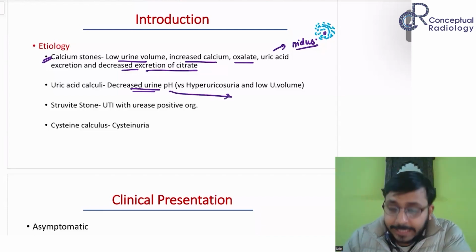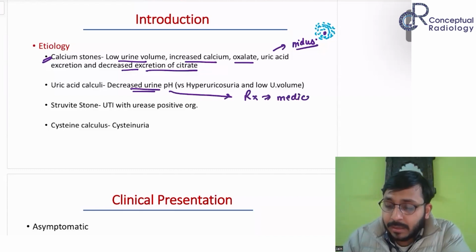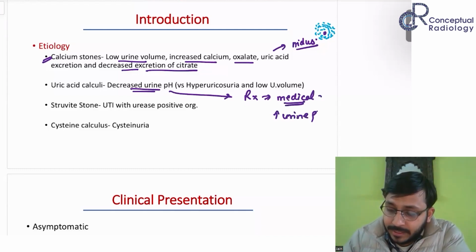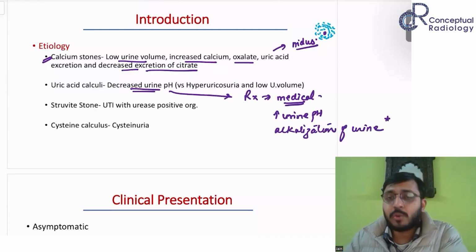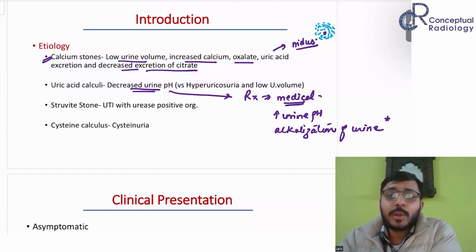And hence, in the later slides, we'll talk about how the management of uric acid stones is predominantly medical. Okay, you increase the urine pH. It is known as alkalization of urine.